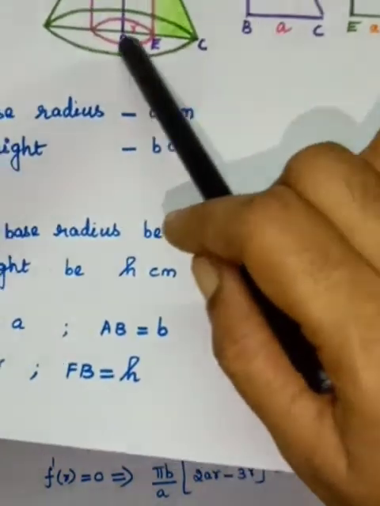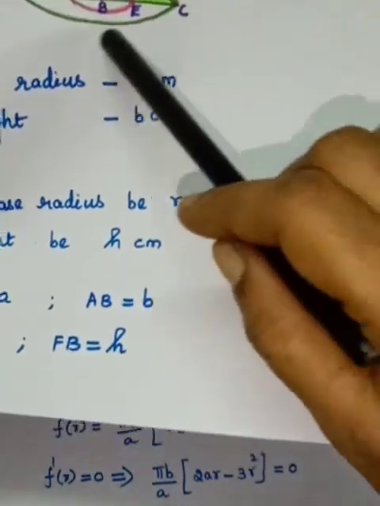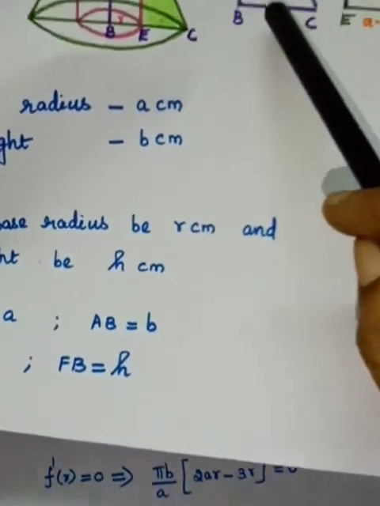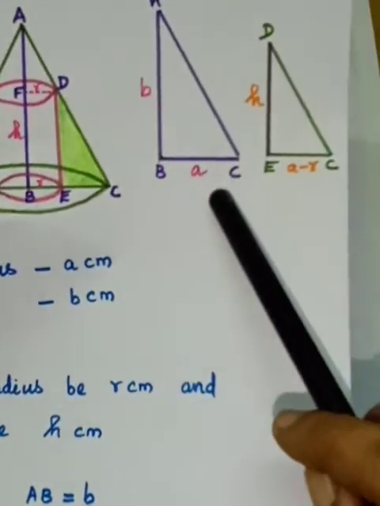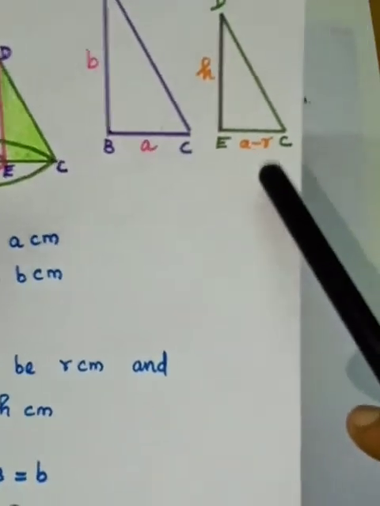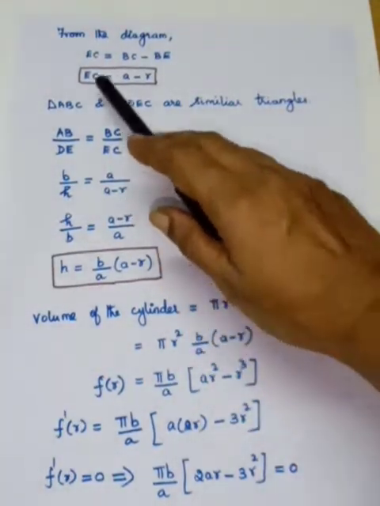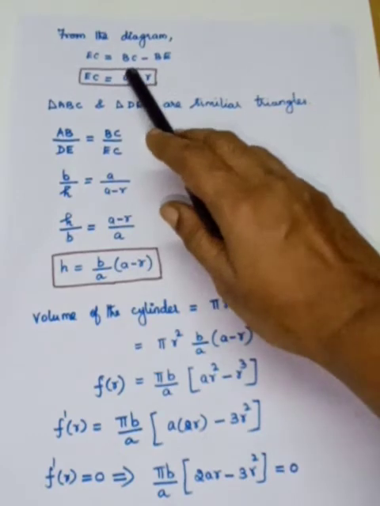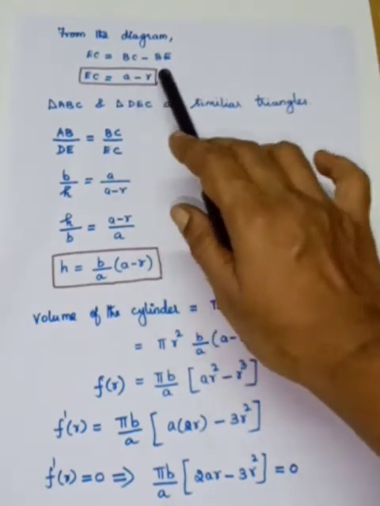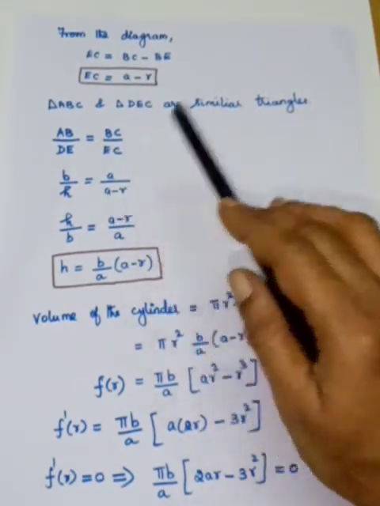BC is the base radius of the cone, A. And EC is BC minus BE, that is A minus R. So here it is A minus R.